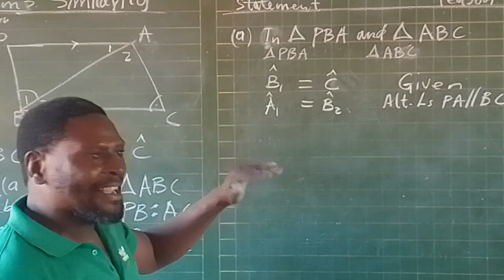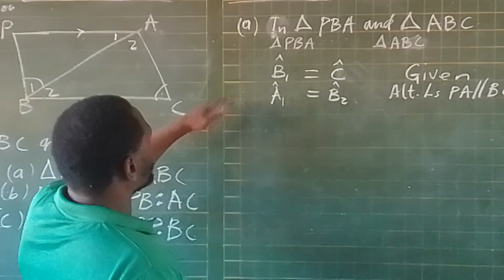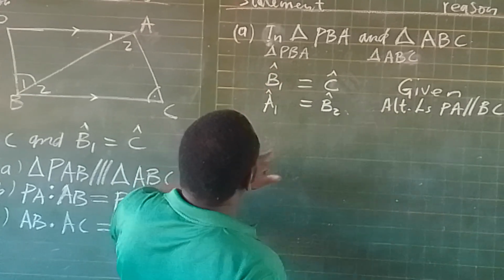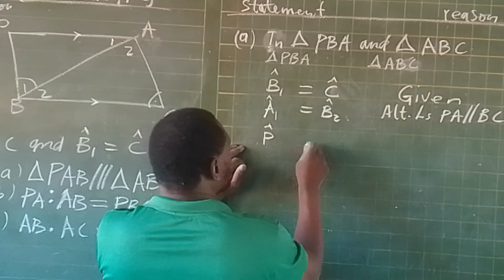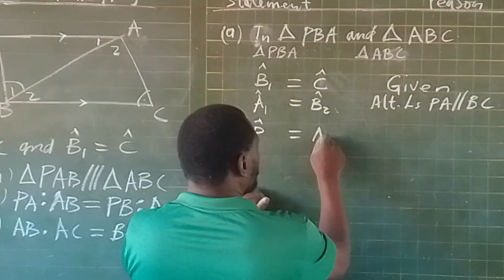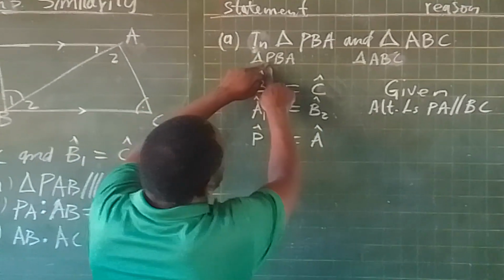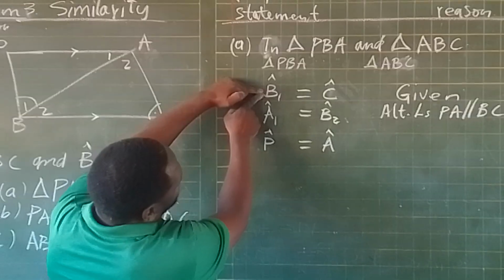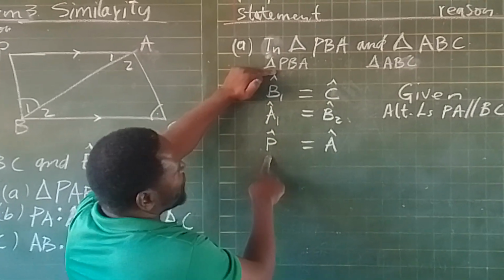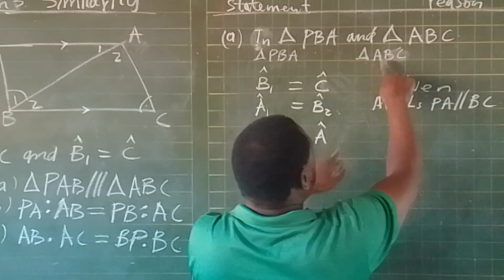The third one, you don't have to prove it. The third angle of a triangle is equal. So we have B, here we have A, you are left with P. The missing angle from PBA is, we have B covered, we have A covered, we are left with P. Now for this one, we have C and B covered, which one is left?